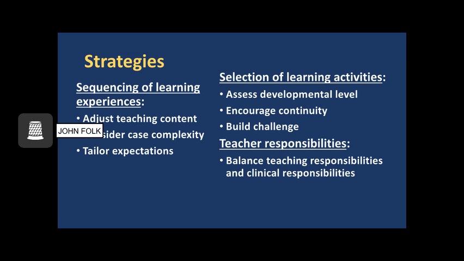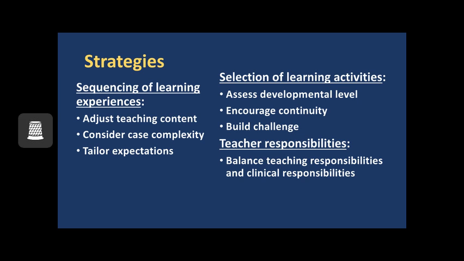Shen et al. outline strategies for adjusting teaching for multiple levels of learners. The three major areas are: 1. Sequencing learning experiences, 2. Selecting learning activities, and 3. Defining teacher responsibilities. Sequencing learning experiences includes adjusting teaching content, assessing case complexity, and tailoring expectations.